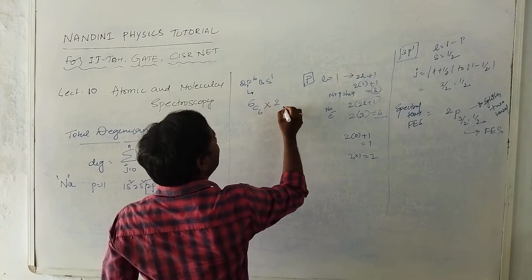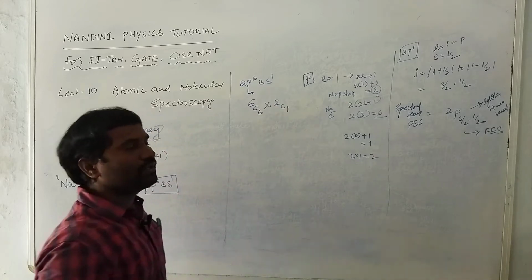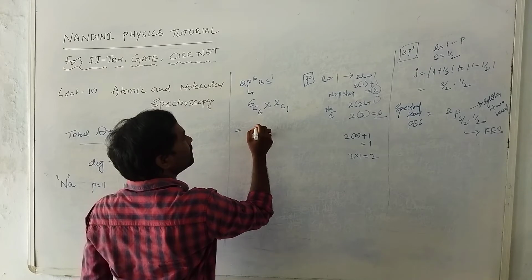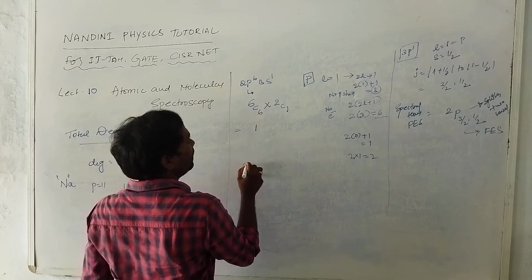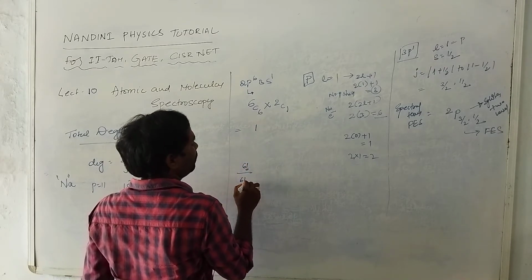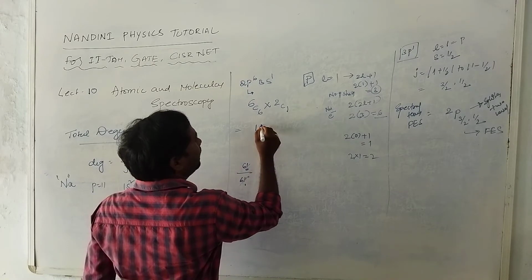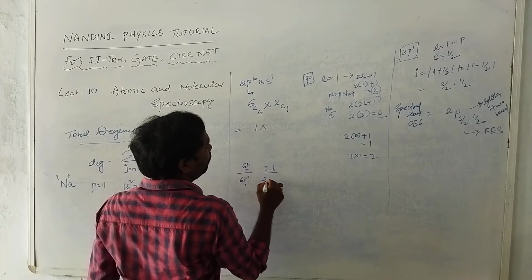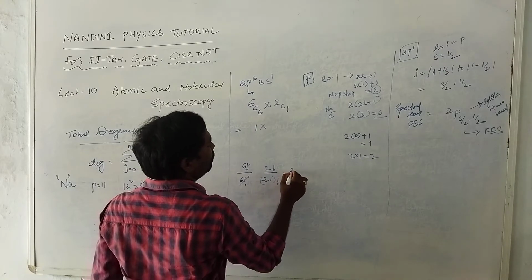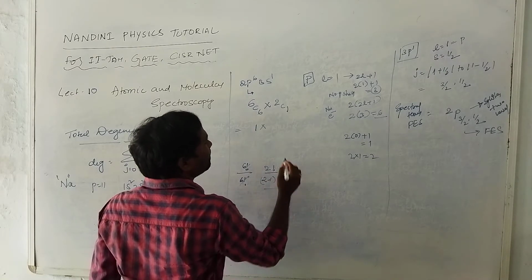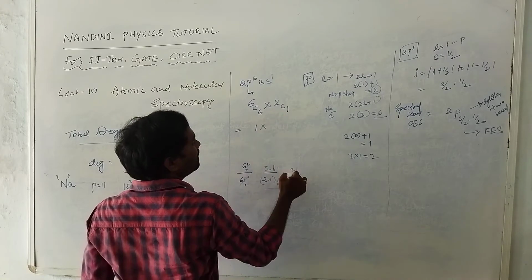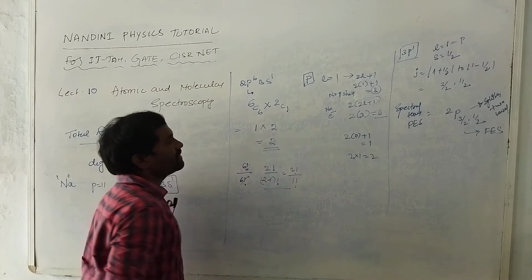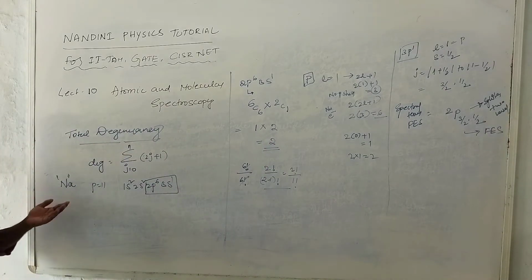Out of this, 1 electron is there, so 2 factorial. 6 factorial divided by 6 factorial is simply 1, and 2 factorial divided by 1 factorial times (2 minus 1) factorial gives 2. So the total degeneracy is 2. The sodium atom total degeneracy is 2.